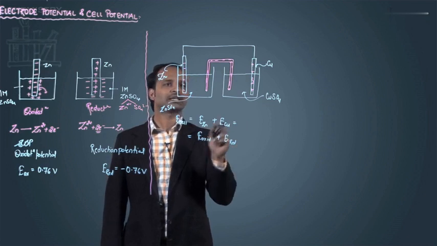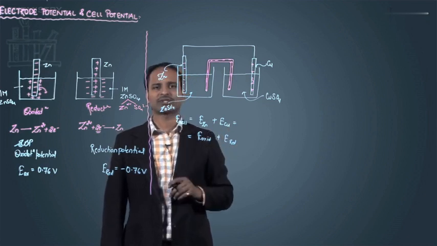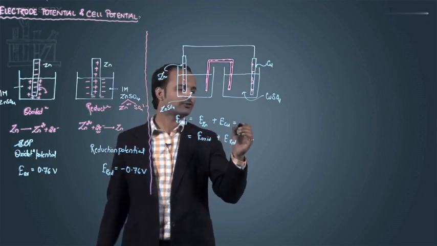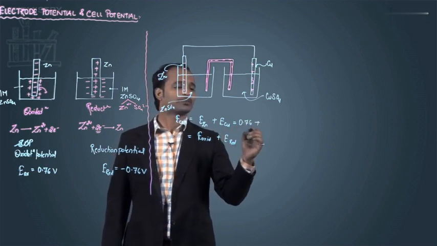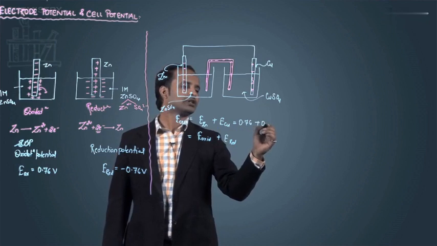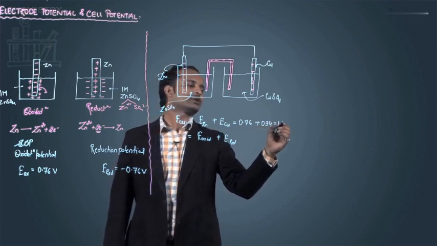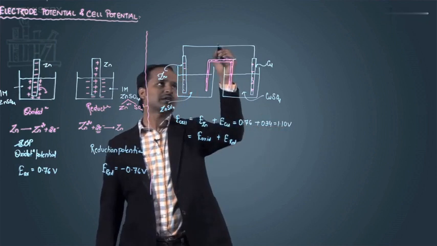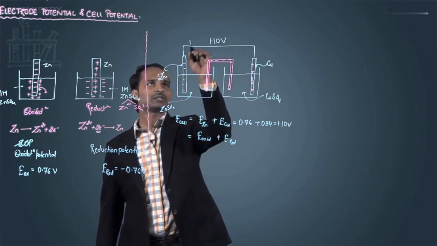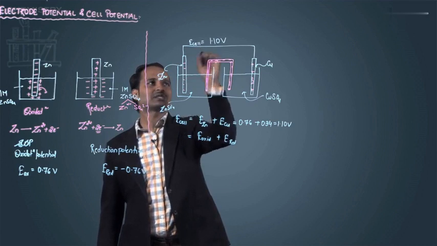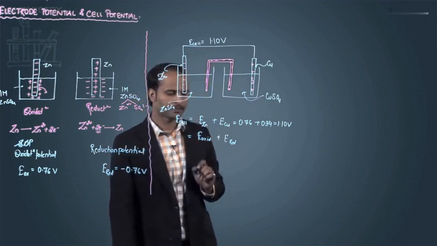The zinc value for oxidation is 0.76 volt, and the copper reduction potential value is 0.34 volt. On addition it gives 1.10 volt. So the potential of this cell is 1.10. This is the E cell value, that is the cell potential for the Daniell cell.